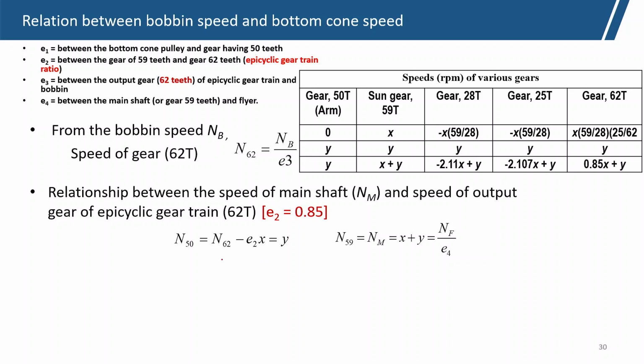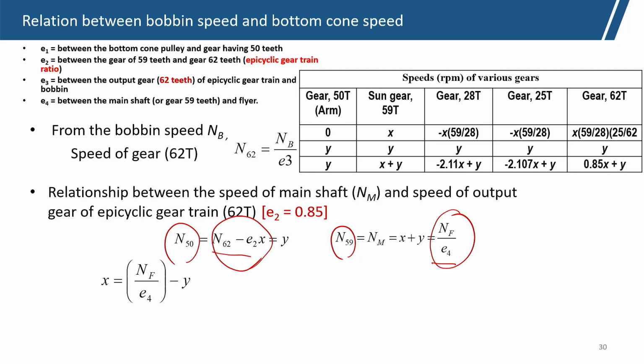So, this is one relationship, and here is another relationship: N50 and N59. N59 is in terms of E4, and N50 is in terms of E2. Now, what is x? x is x plus y minus y.